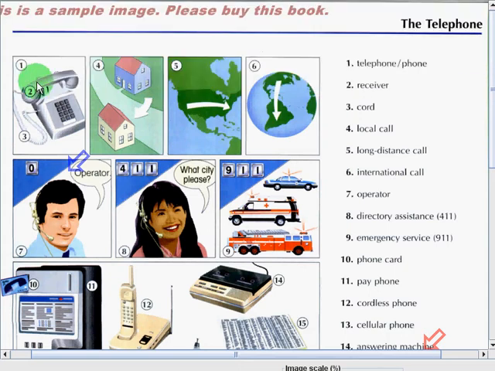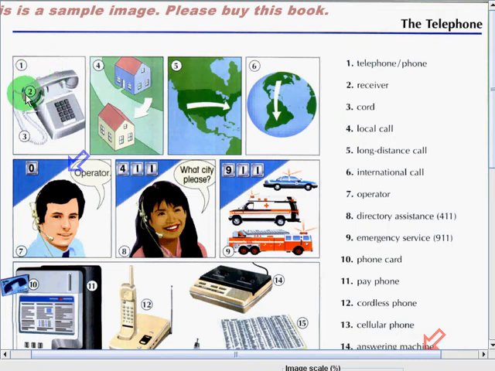Now let's go to number 2 picture. Number 2 word, which is receiver. When you say receiver, it is a device that receives signals or waves. And this one, you call it receiver. You can hear something on that receiver. This is the part of a telephone held to the ear.